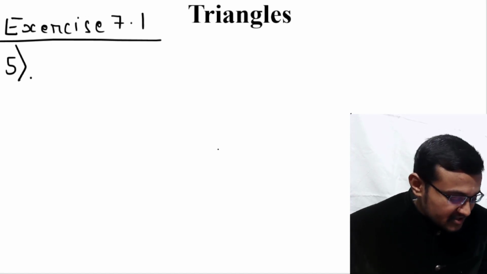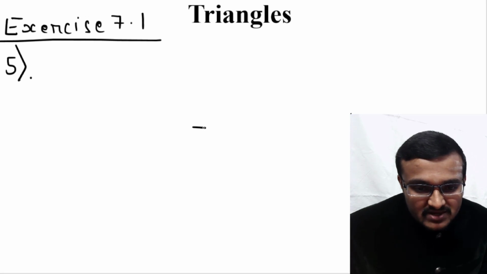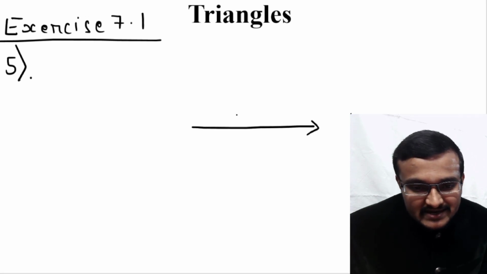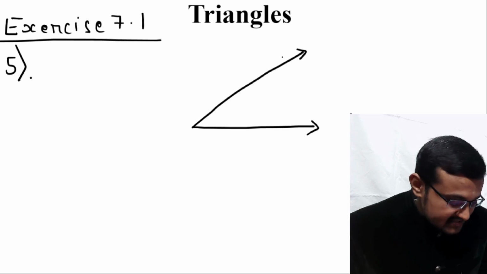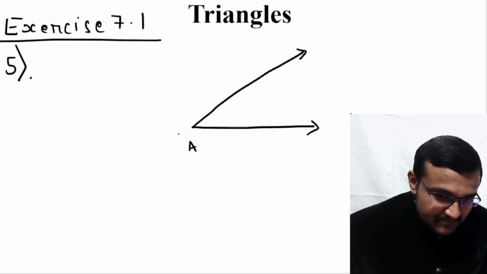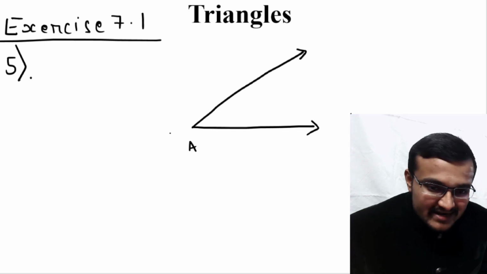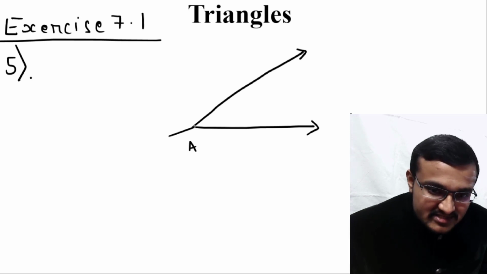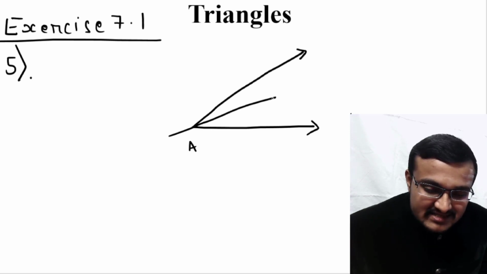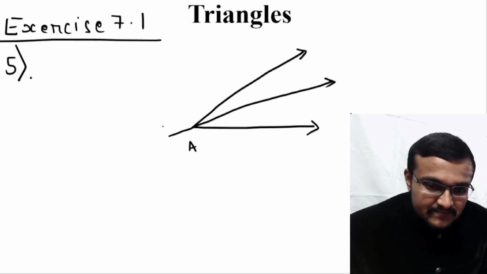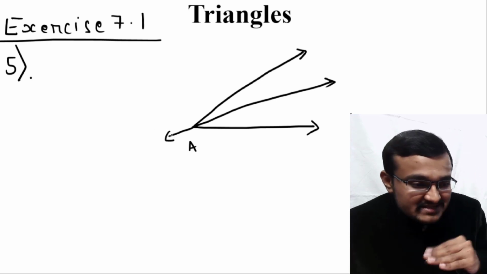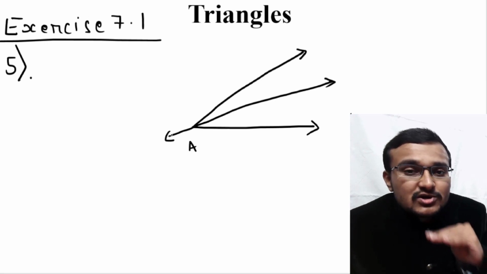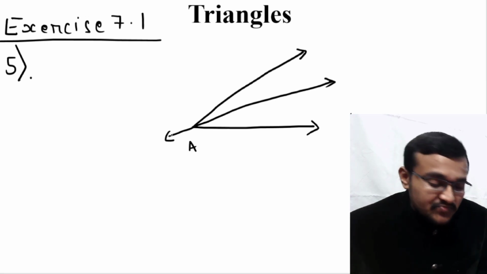In the fifth question also, you have one diagram, so let us draw it. You have two rays like this. This particular point is A, and there is one line segment which is exactly bisecting this angle A. Whenever I use the word bisection, that means it divides something into two equal halves.